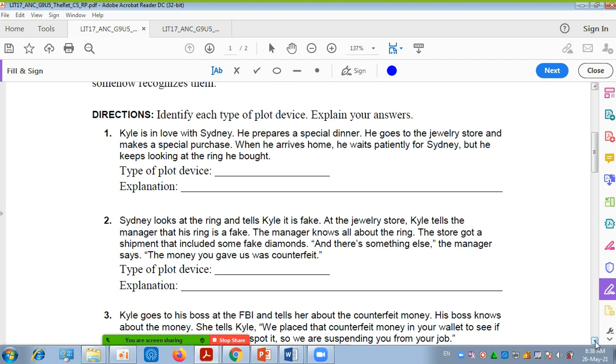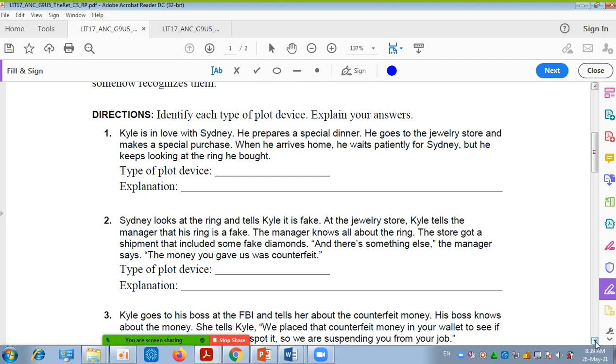So, this is one of the plot devices. Which one of them? Foreshadowing or situational irony? In this passage, the author gave you clues and hints that make you predict that he's going to ask her for marriage, right?